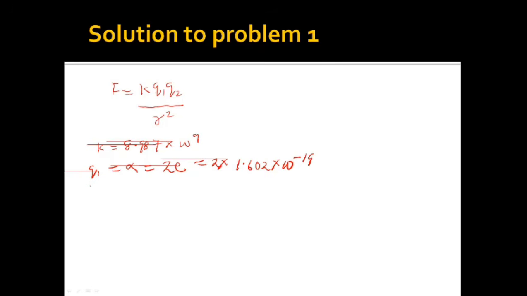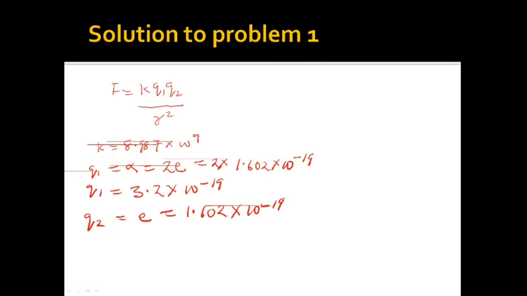That means Q1 is equal to 3.2 times 10 raised to power minus 19. That is Q1. While my Q2 is given as the charge of electron. And the charge of electron is equal to 1.602 times 10 raised to power minus 19.